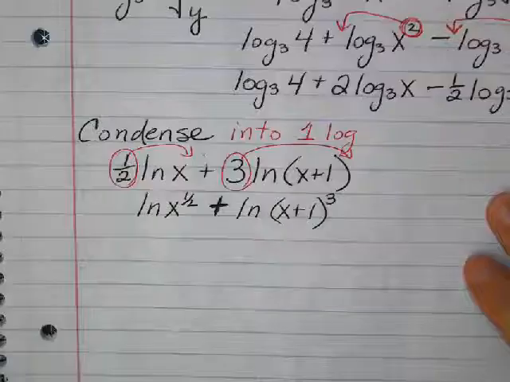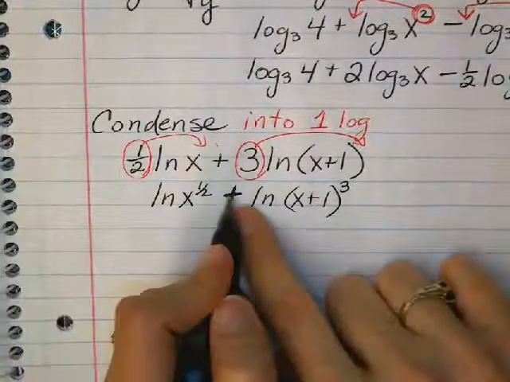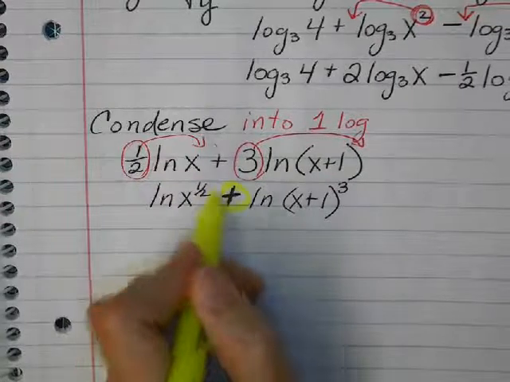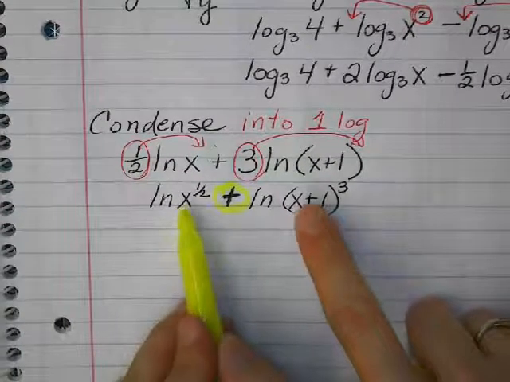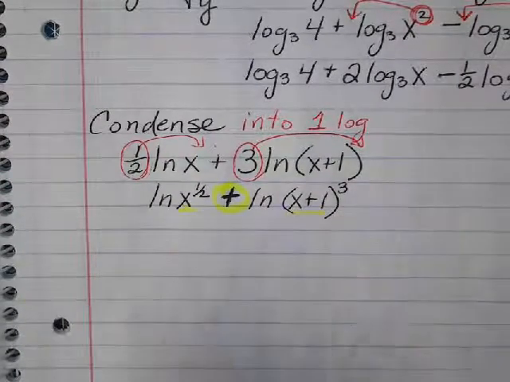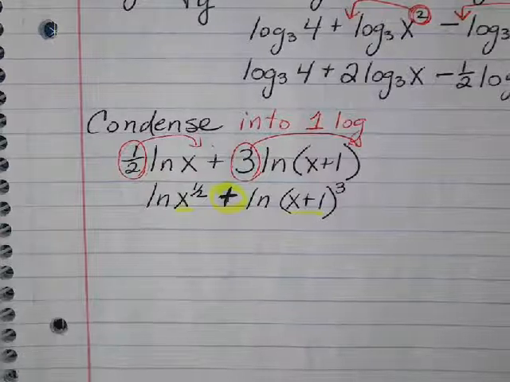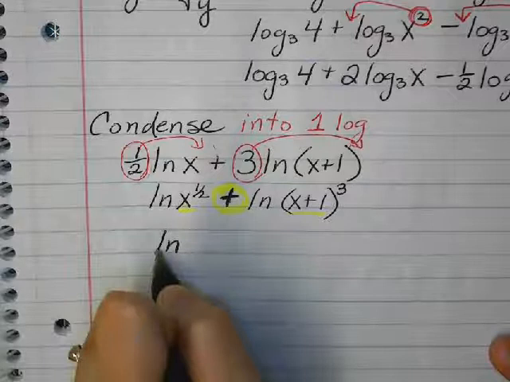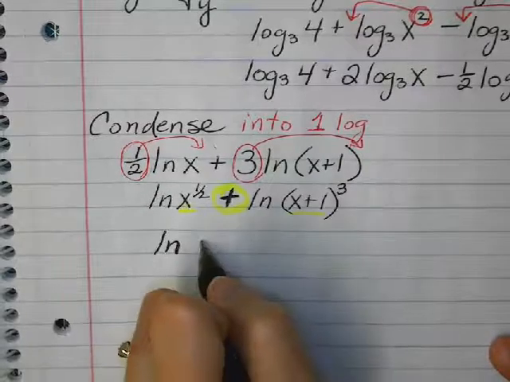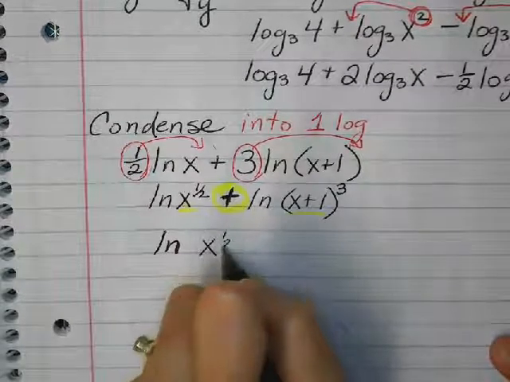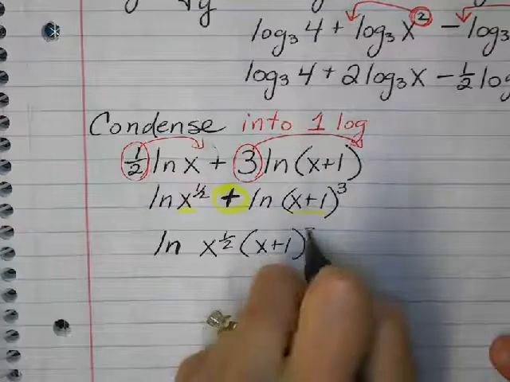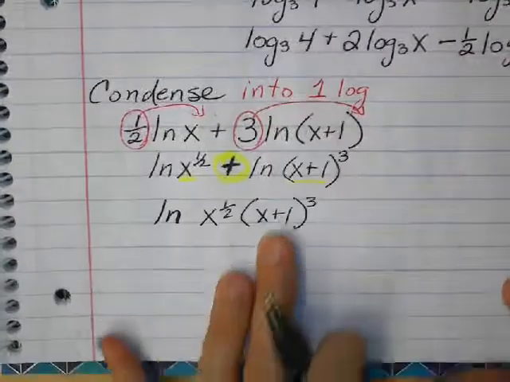So the one we're doing, it's addition, so it's going to go back together like times together again. So hopefully you kind of understand. So it's going to be natural log, ln, of x to the 1/2 power, and then (x plus 1) to the 3rd, just times. So it's just next to each other like that.